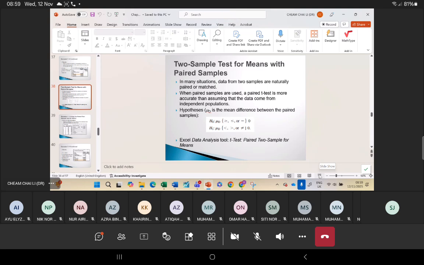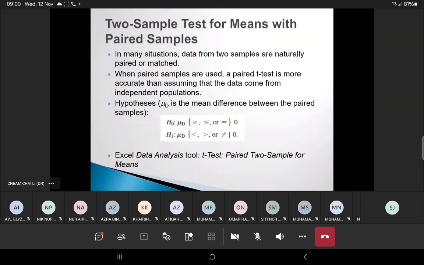These two groups are also looking at the lead time, but they are not depending on one another. They are independent, right? So what we are going to look at today is two sample tests for the mean with paired samples. Paired samples means both groups are related.